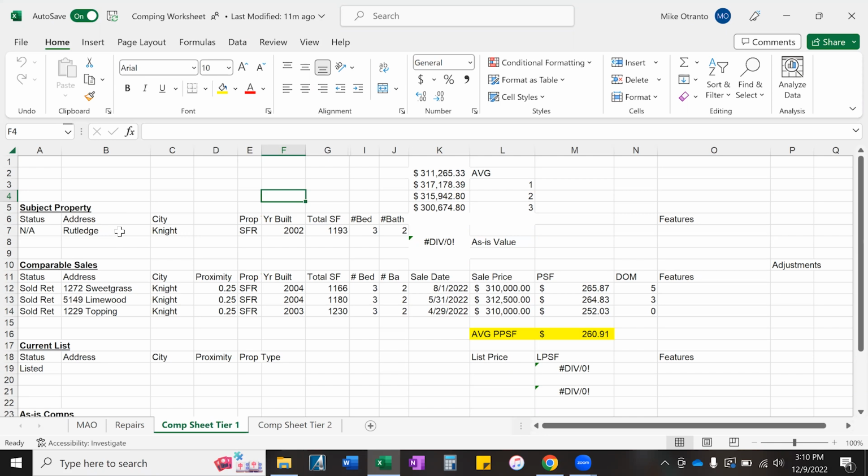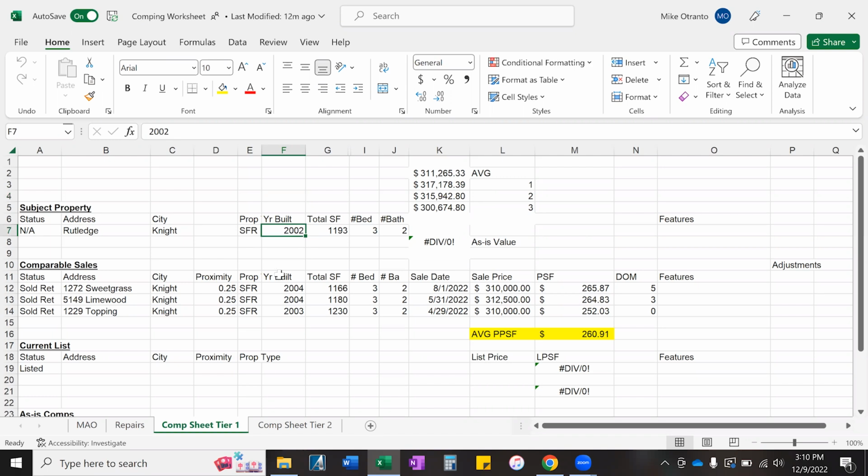So you put the address here, the city, single family residential, with the rule being you only compare single family residential to single family residential, not townhouse, not manufactured, not condo, not anything else. Also, the style of the house: ranch to ranch, two-story to two-story, split level to split level. That's really the way you're going to do it to be as accurate as you possibly can.